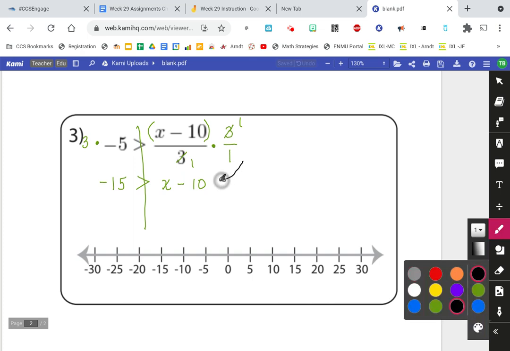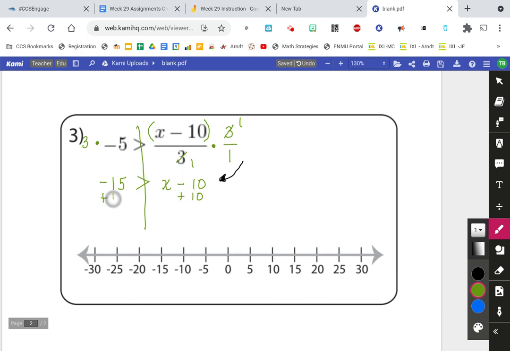And we continually have to think, why is that variable not by itself? Well, right now, that variable is being subtracted by 10. So the opposite of subtracting 10 is adding 10. And what we do on one side, we do to the other.